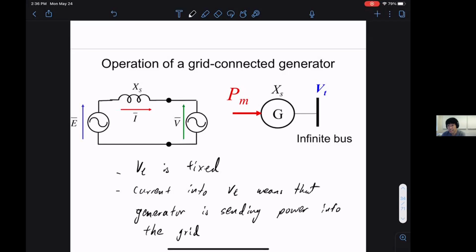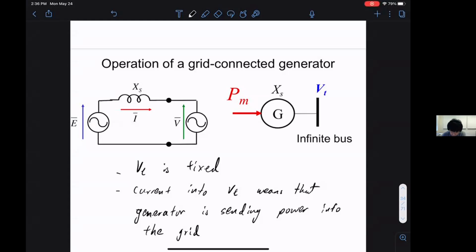Okay. So this means that we know the value of Vt, and often we know the power that the grid wants from this generator. So the goal is to figure out the voltage of the generator and figure out the angles in the system.